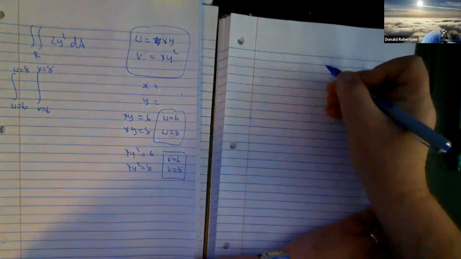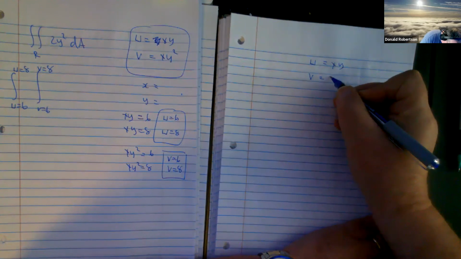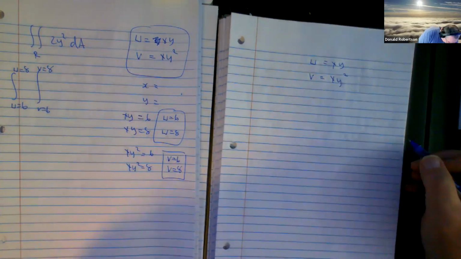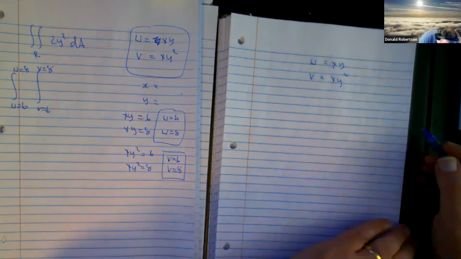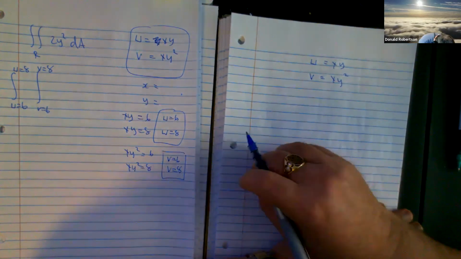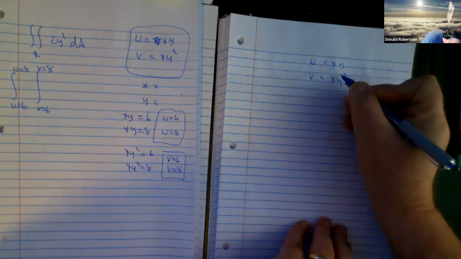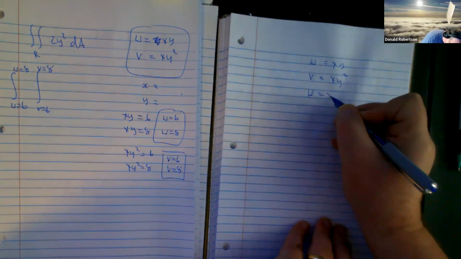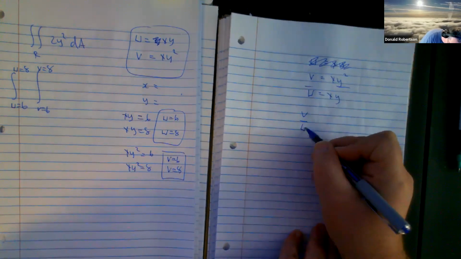Looking at what we have to work with, an obvious idea comes to mind: if I divide them, v over u equals y.